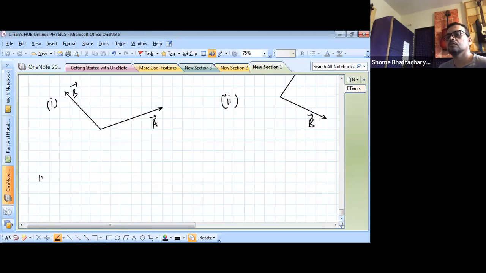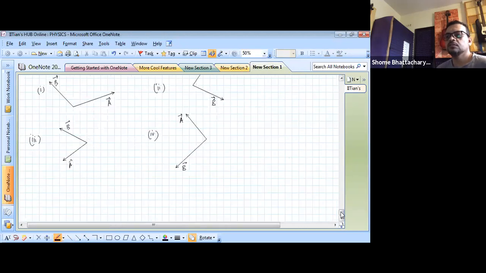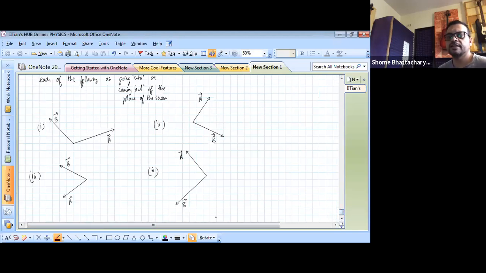Third one. So in each one of these, you have to tell me clearly whether my A cross B is going into the plane or coming out of the plane. So just use the right hand thumb rule.